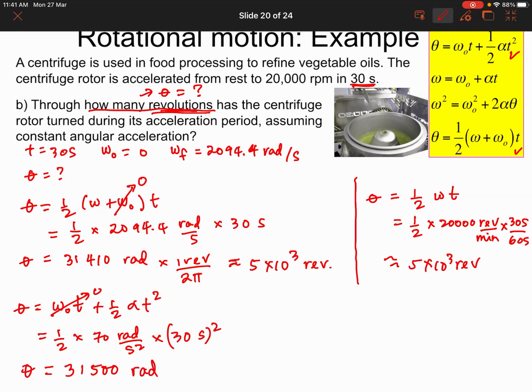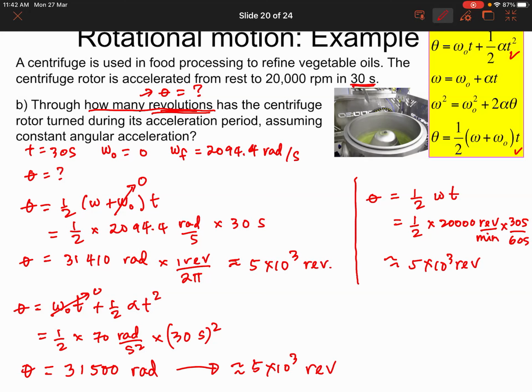So there is some rounding there, because I used 70 radians per second squared, which is the rounded angular acceleration alpha. But if you then convert this to revolutions, 31,500 radians will also give you something like 5 times 10 to the 3 revolutions.